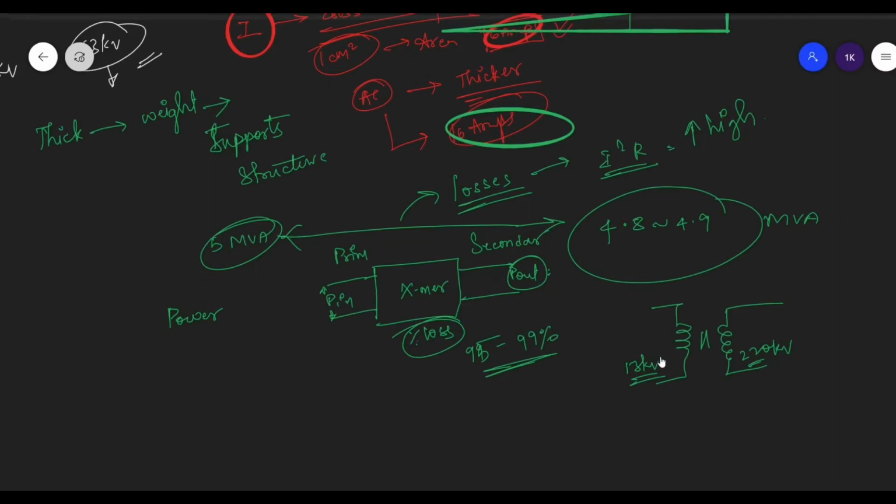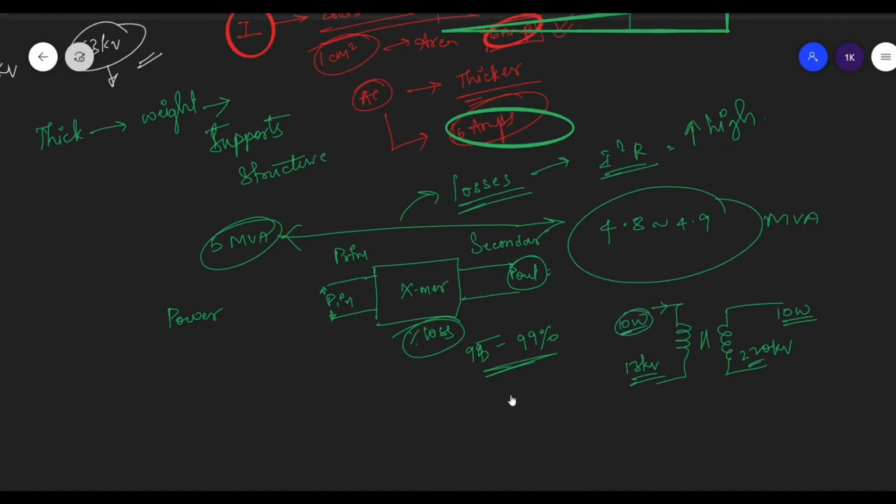Assume that here the power is 10 watts. This is just a reference number, not any based value. So assume 10 watts here, and here also the output should be 10 watts, because power can neither be created nor destroyed. Whatever power is here appears there, because I am neglecting the loss. So what will be the current value?